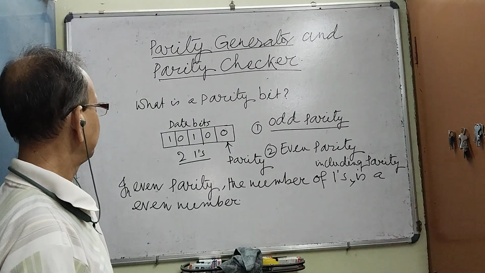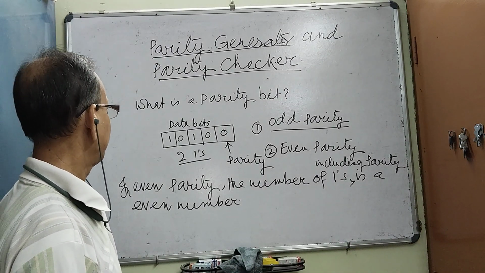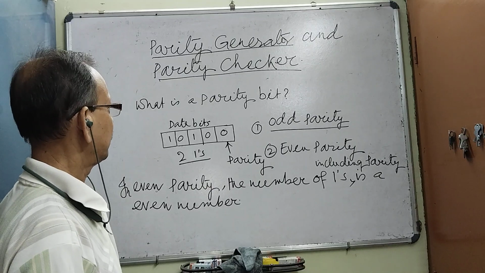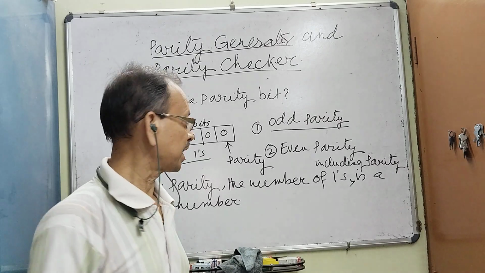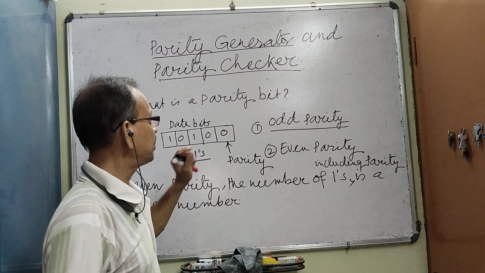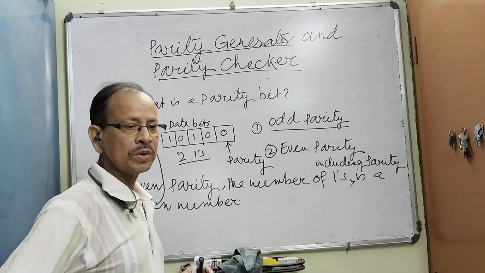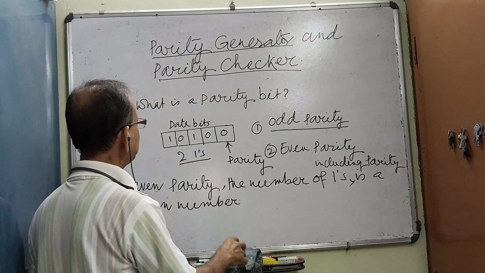And who will generate and who will check? Now we check who will generate and who will check those bits. We need one extra bit for checking. Who will generate? The parity generator.